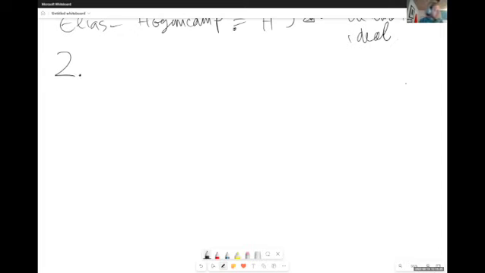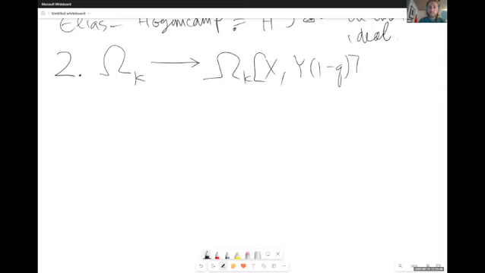So the second one: what happens if I do this plethysm? If I take omega k and send it to omega k of x and y times 1 minus q. This is the type of plethystic substitution that comes up in the superization formula. So I take the power sum p_k and evaluate it at p_k of y times 1 minus q to the k times p_k of y.